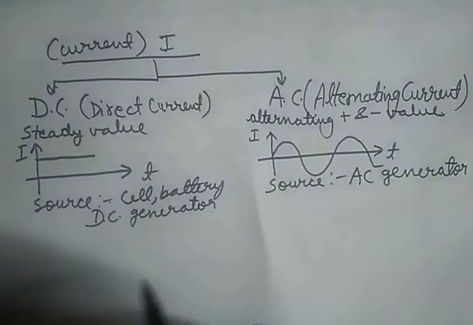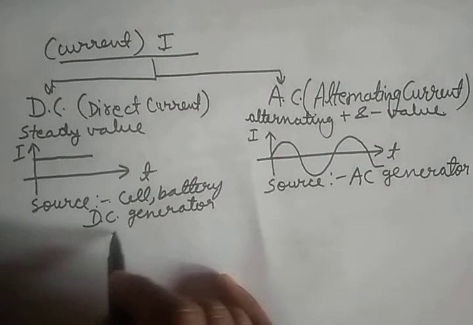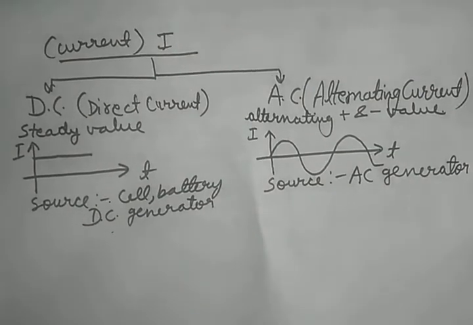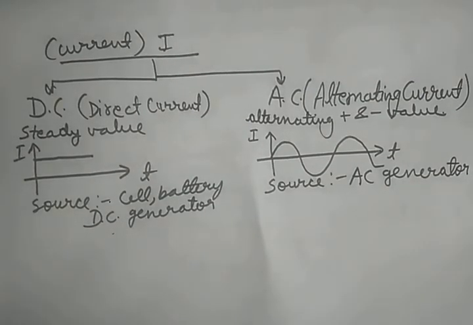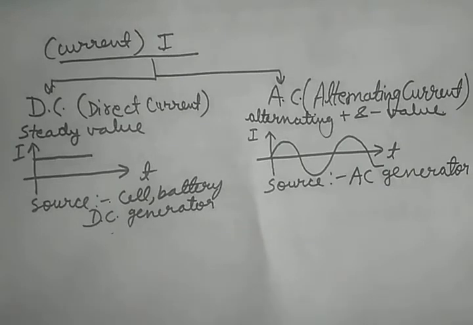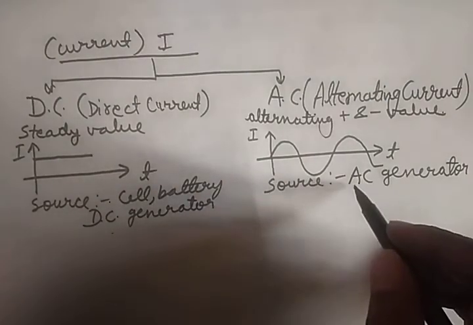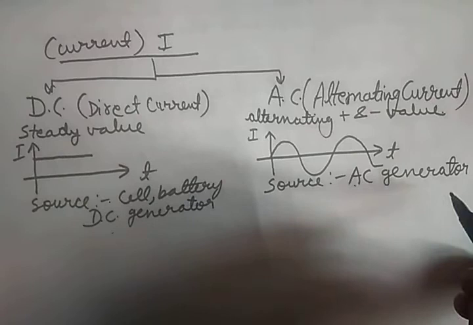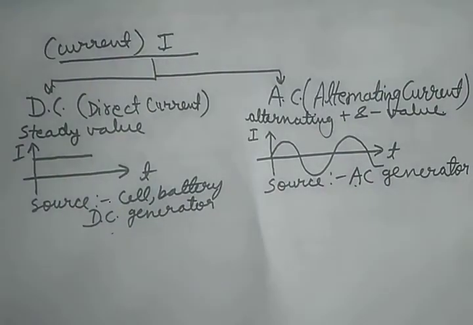So actually in our daily life there is no DC generator. They are especially manufactured for special purpose, but in our daily life there are AC generators. You have often seen in marriages and some other kind of functions, so they use AC generators.